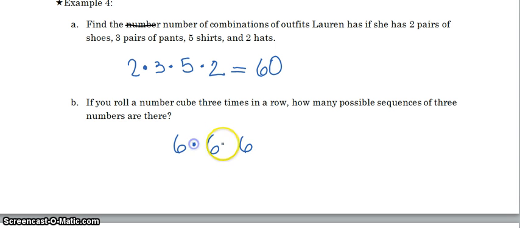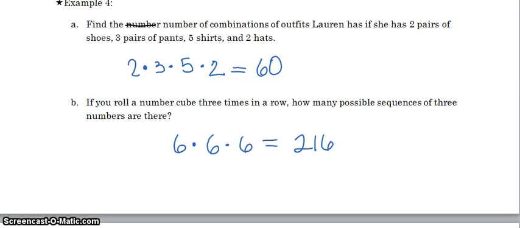So you're going to multiply those 6's together, because those represent your 3 different times that you roll, and you're going to have sequences of 3 numbers, and that gives you a total of 216 possible sequences. So if you can think about whether it's a sequence or a combination that you're going to be multiplying, that's going to help you if you see this type of question again.